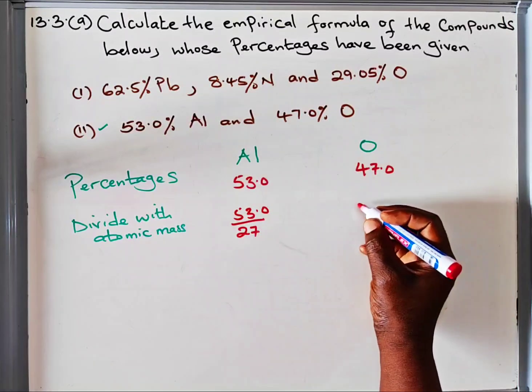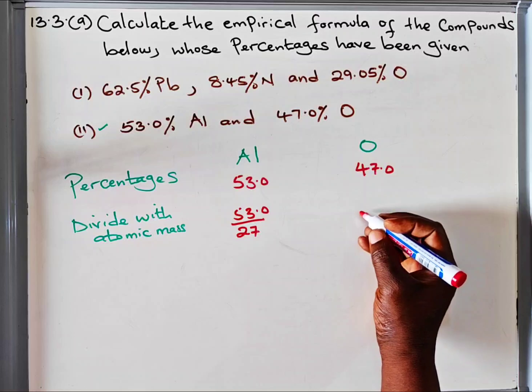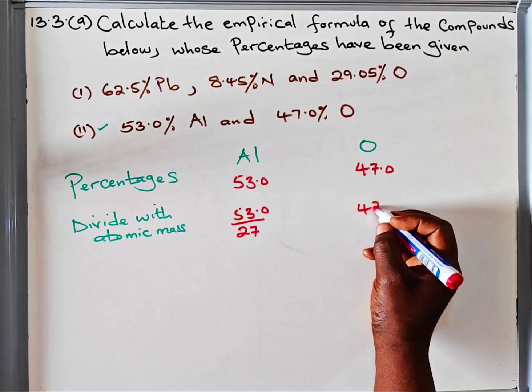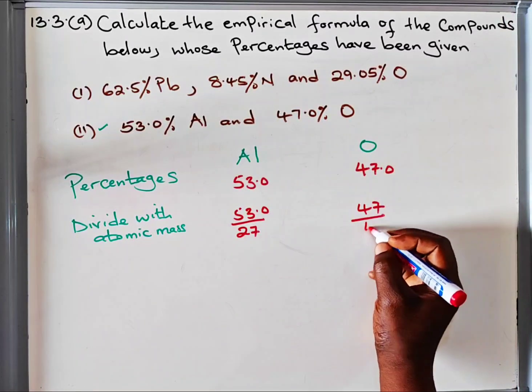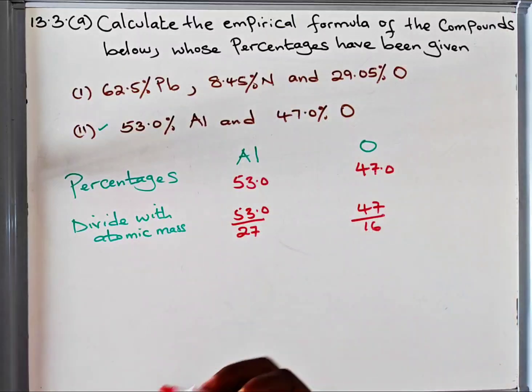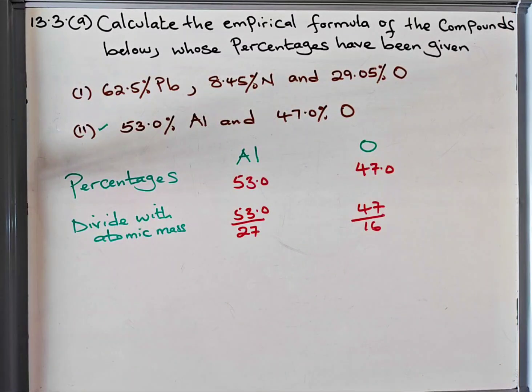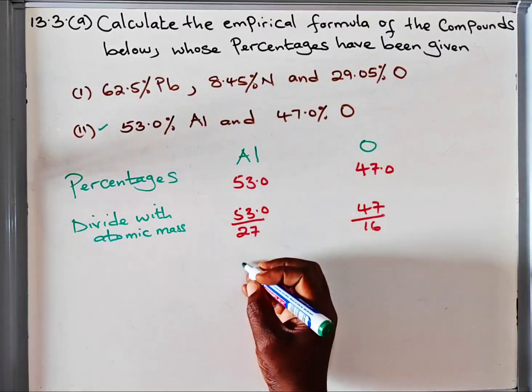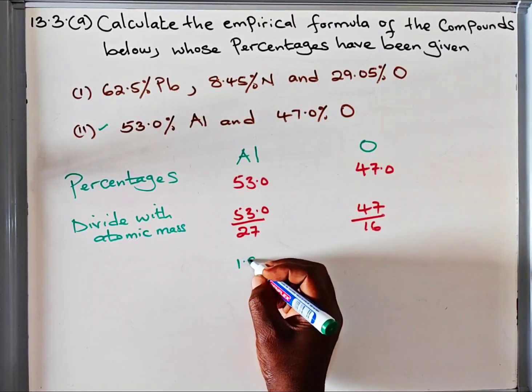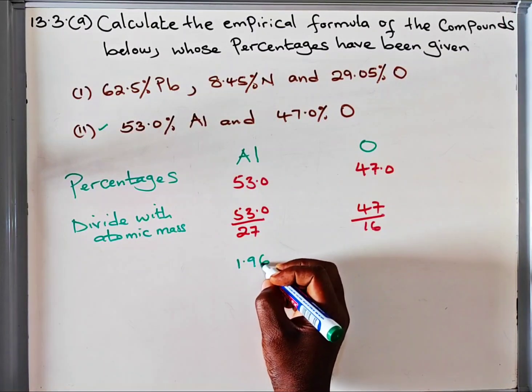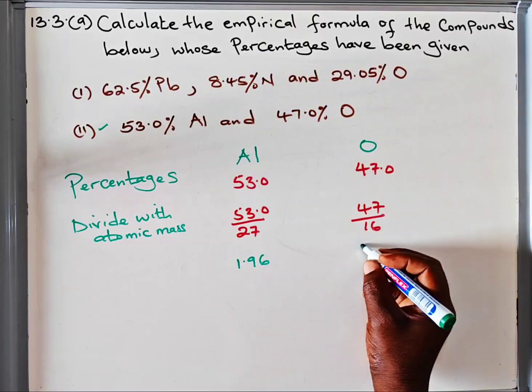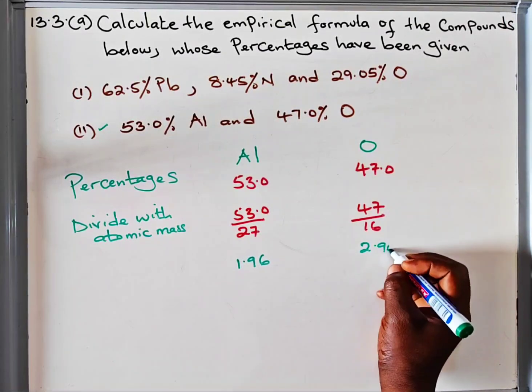And that one for oxygen is 16, so we are going to have 47 divided by 16. What do we get out of this? We get 1.96, and on this side we get 2.94.